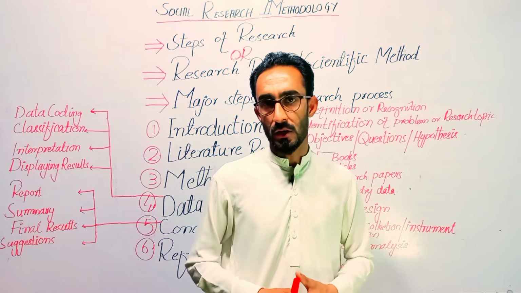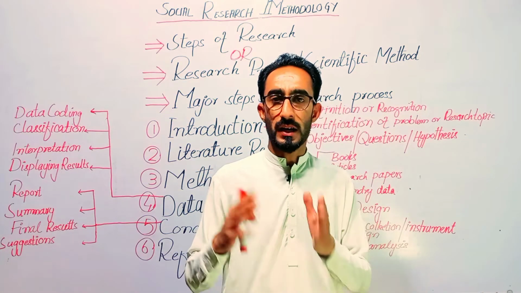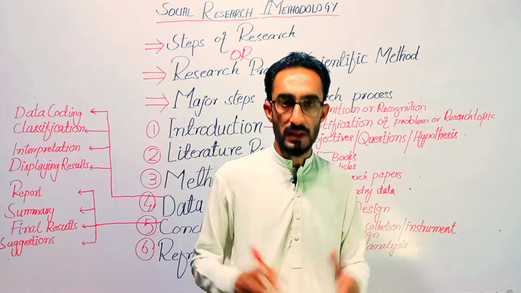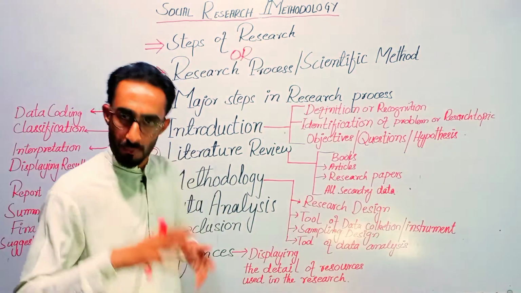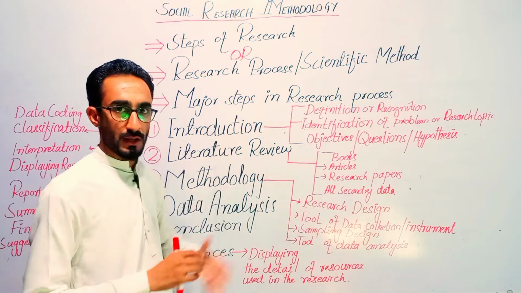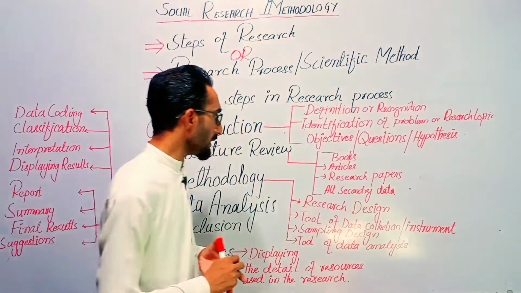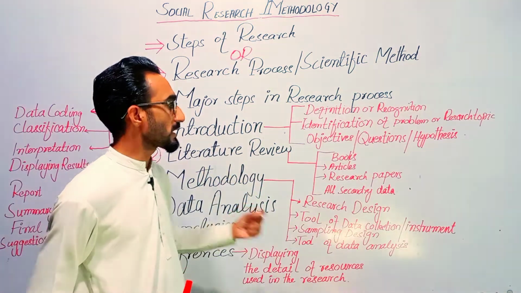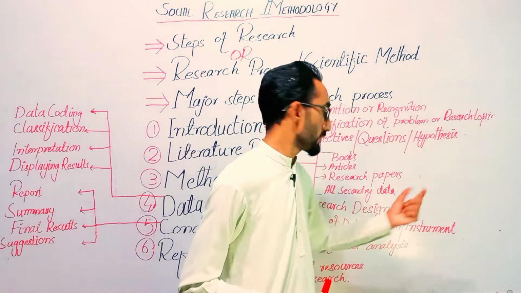We have so many tools, such as a rating scale, Likert scale, Guttman scale, Thurstone scale. We will discuss them in detail in upcoming videos, but here we just decide what kind of instrument we are going to use.